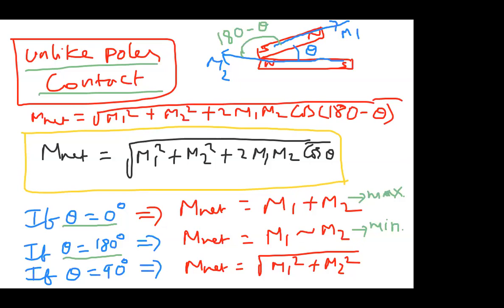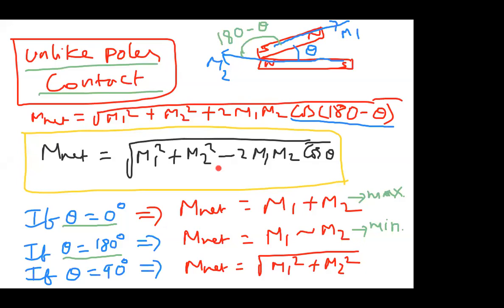Cos 180 minus theta is minus cos theta. So I got a minus sign here.